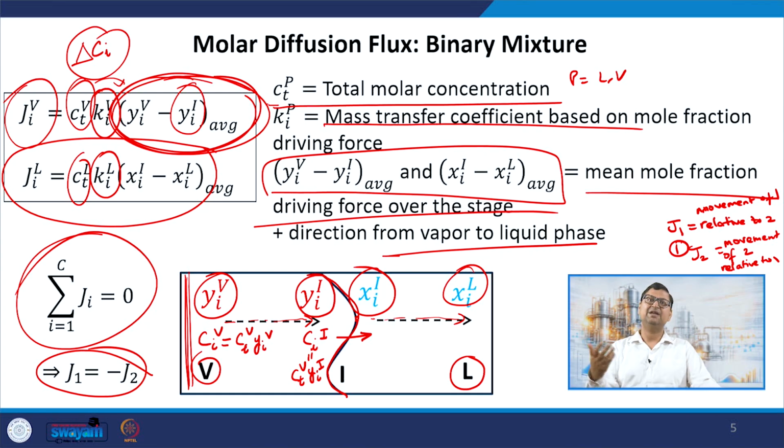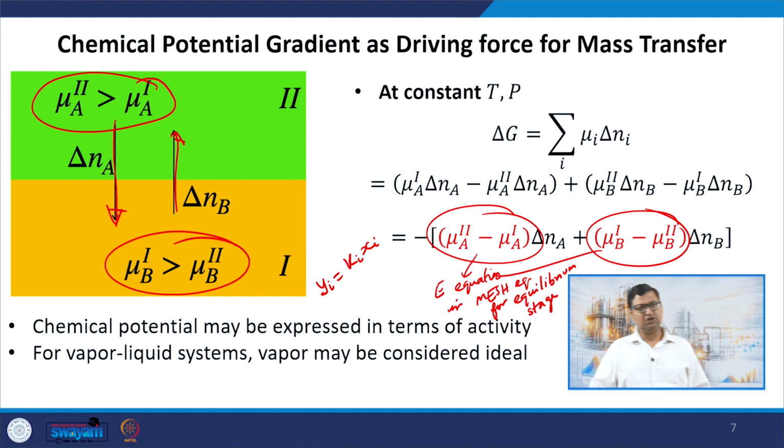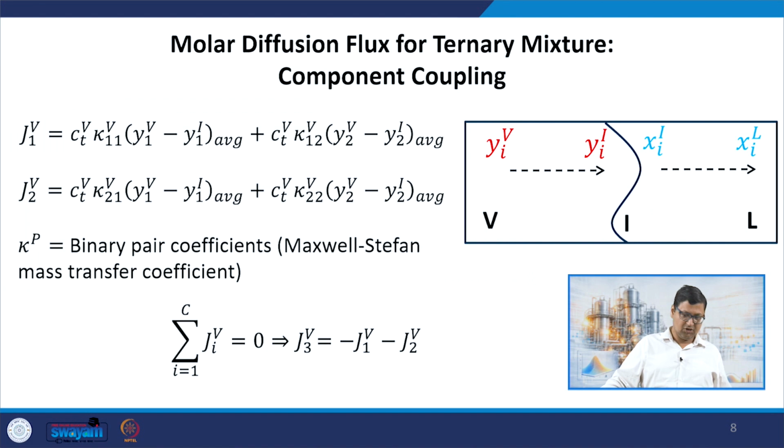It may so happen that in the case that you are doing, the chemical potential gradient, when you put that inside the equation, will give you something similar to this for the binary mixture, but it is not always true. It is true for gases and all that, but not always true. Okay. The second thing to keep in mind is that you may not have a binary mixture, you may have a ternary mixture, let's say.